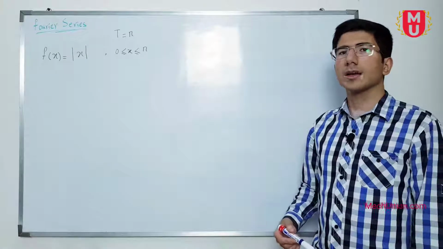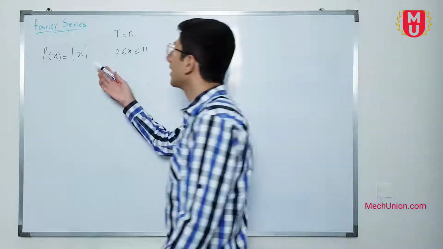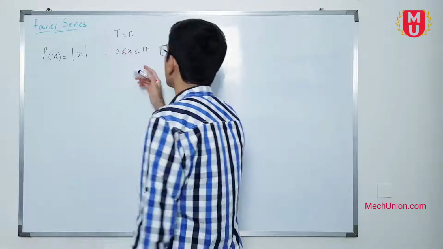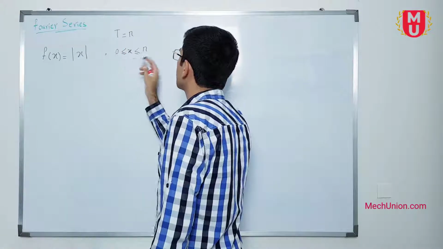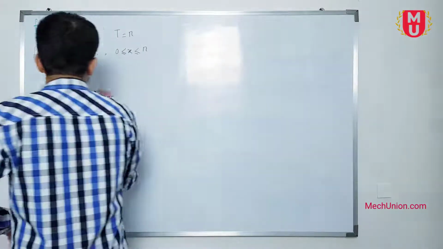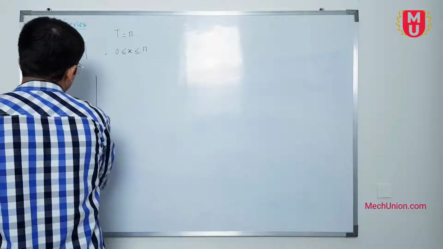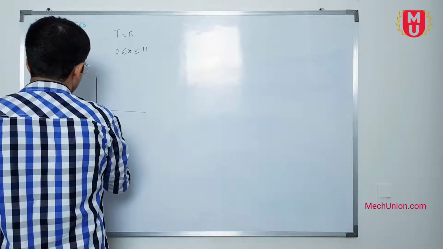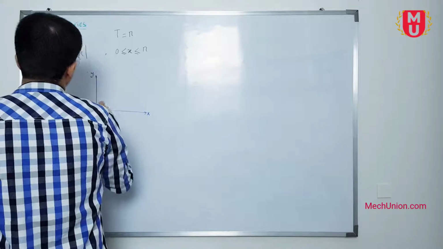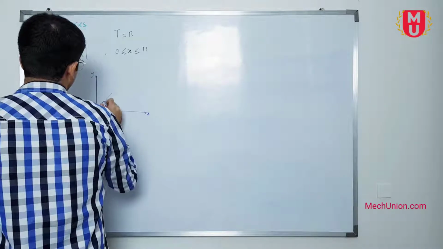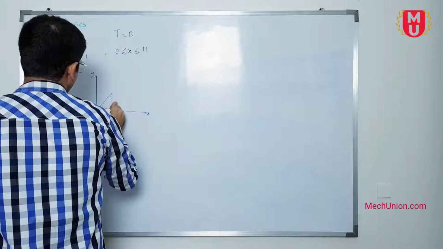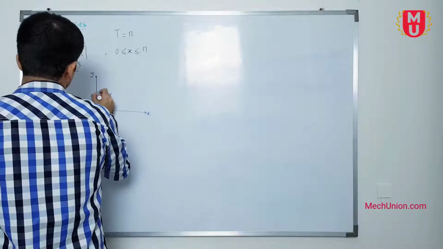As a second example, I brought you this function. f of x equals absolute of x, where x is between 0 and pi, with a time period of pi. We draw its graph in its boundary. This is x, this is y, this is x in the positive axis.